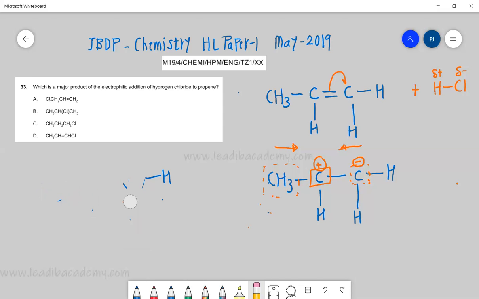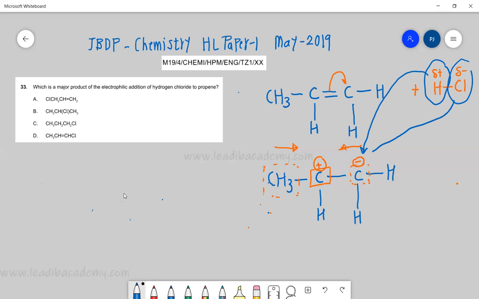So after that, it is now very simple: if this is getting formed, then H plus will come on this and Cl minus will come on this carbon. Okay, so which compound will we get? Very simple.